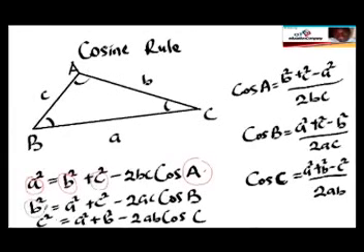And whenever you're looking for B, you must be given two other sides, A and C, and the angle B. So you study this relationship very well. Now if you're looking for the angle, you just have the three sides involved. So you must be given the three sides for you to be able to solve for the angle. Now we'll take a look at this properly when we visit some examples.